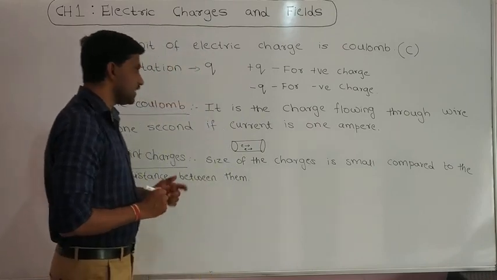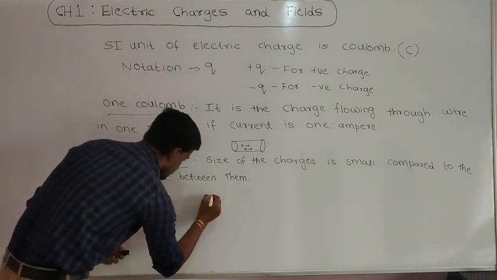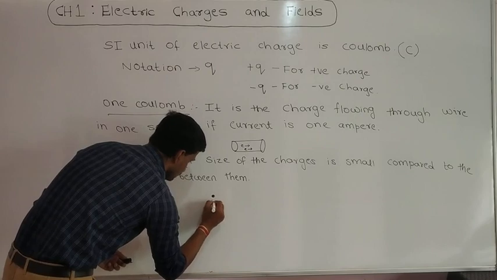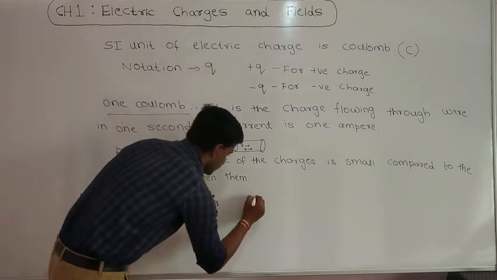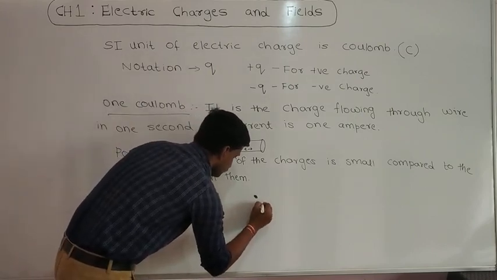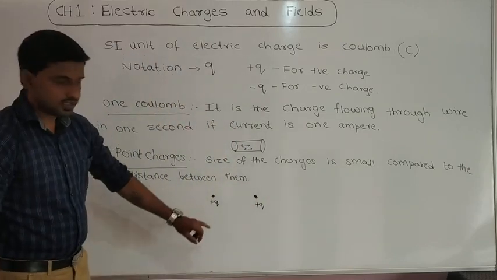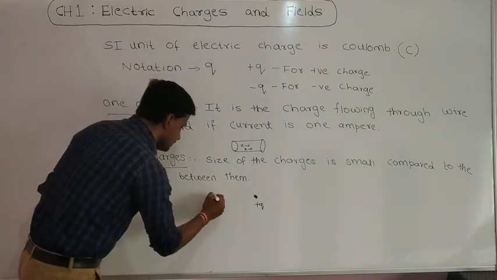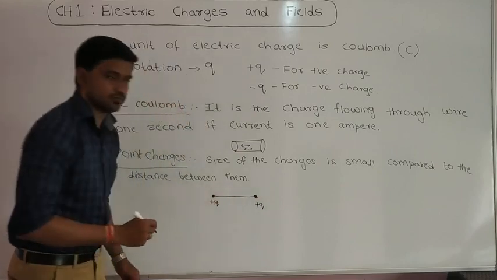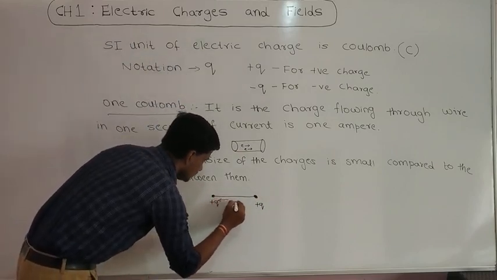That means if you take 2 positive charges, one positive charge and another positive charge, there are 2 point charges here and there is a distance between them. Assume that distance as r.